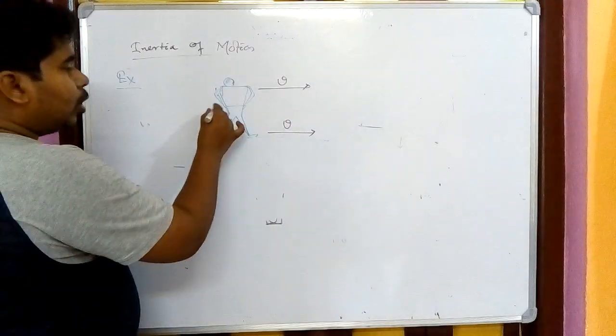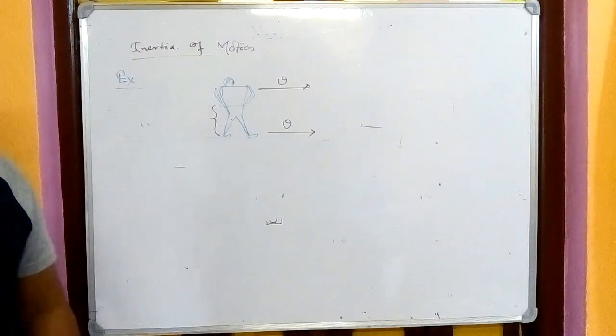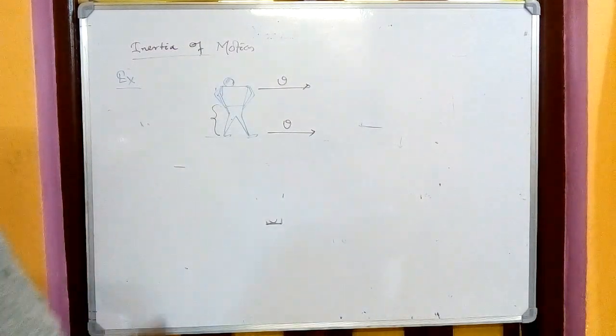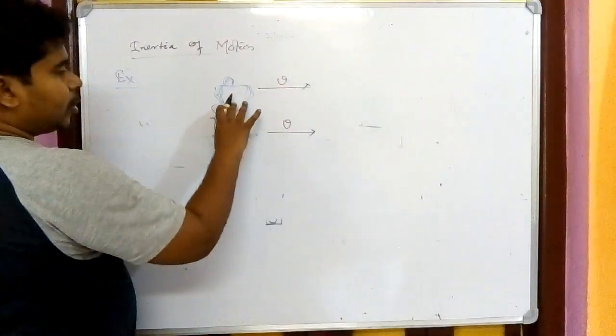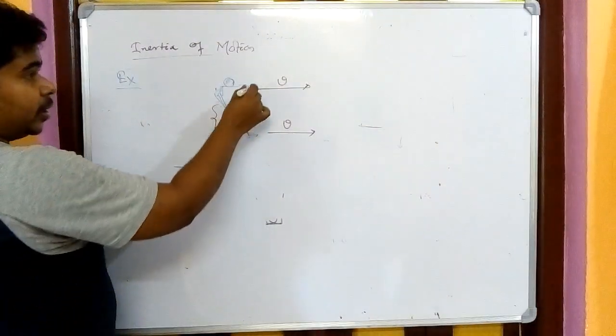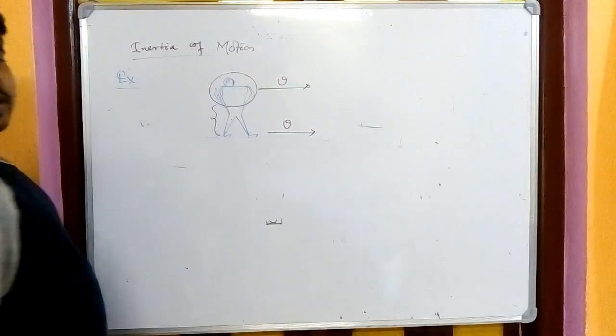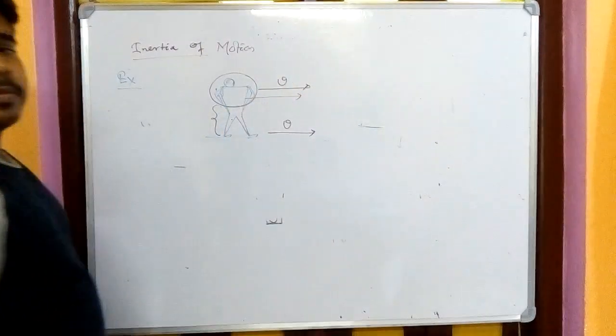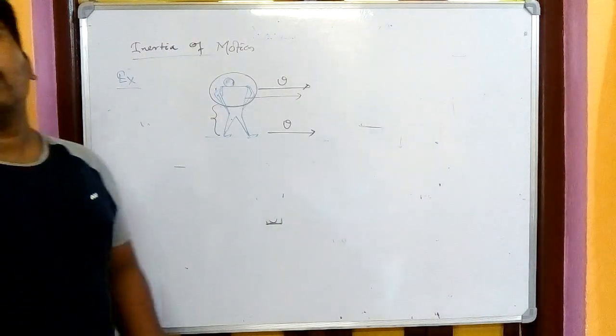The lower portion of the body is connected with the floor, so that portion is stopped. But your upper portion tries to move with the same velocity due to inertia of motion.